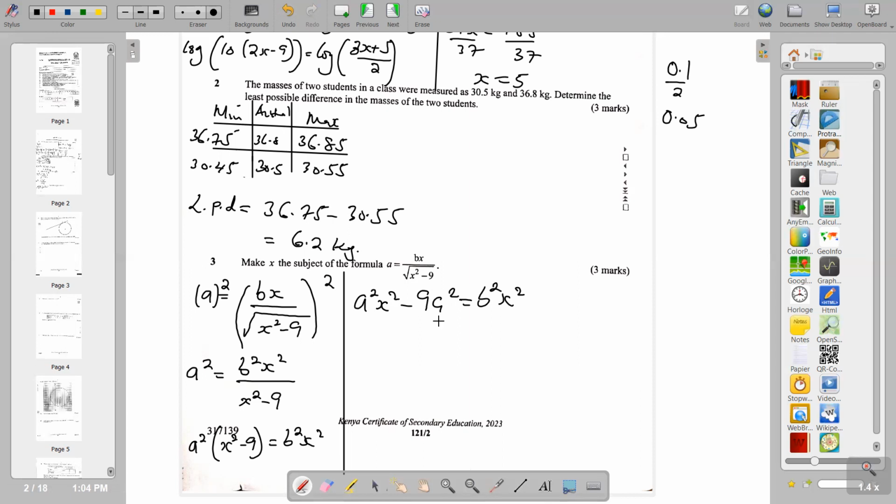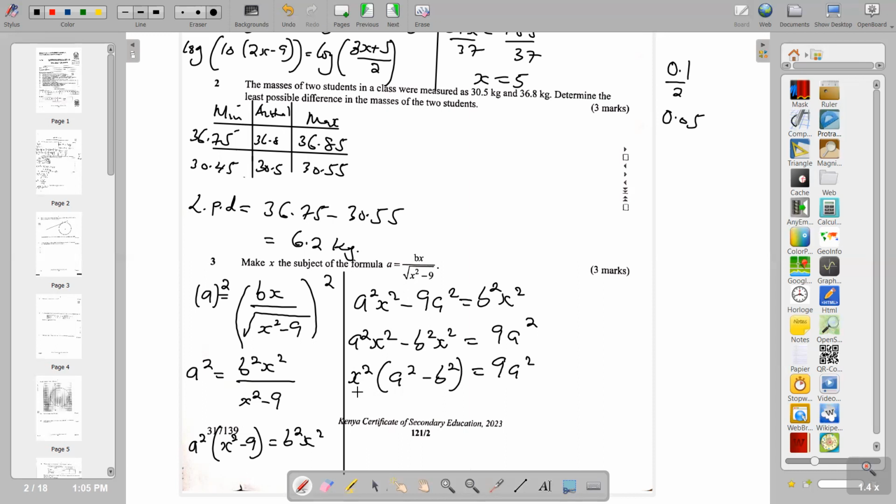Now the next step is that the variables that have x to be on one side of the equal sign and the variable that does not have x to be on the other side. So you're going to take b squared x squared to this side. So you're going to have a squared x squared minus b squared x squared is equal to 9a squared. Of course, now you see that x squared is common, so you're going to factor it out. x squared into brackets a squared minus b squared is equal to 9a squared.